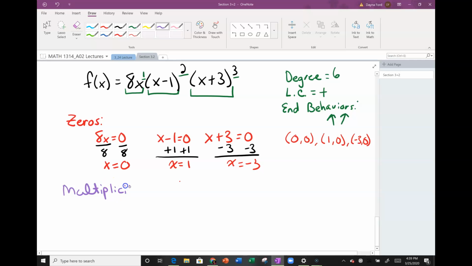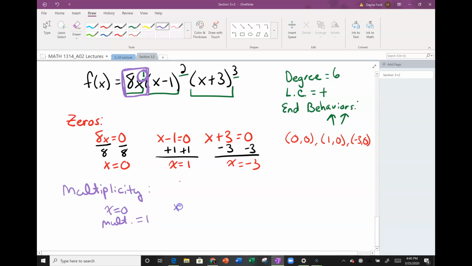The multiplicity is the number of times that particular zero occurs. When it is in factored format, it's looking at the exponent for that factor. So x equal to 0 is this factor right here, and that factor had an exponent of 1. So it's going to have a multiplicity of 1.